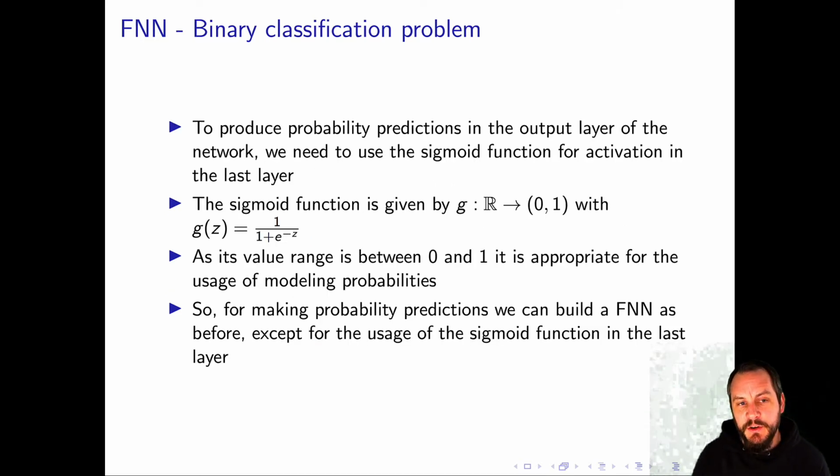And okay, so instead of the regression problem, we now face the problem that we need to meet certain requirements regarding the output value, regarding the prediction for the target variable, because it is a probability. In case of the binary classification problem, it is the probability for being category 1. And probabilities need to be between 0 and 1.